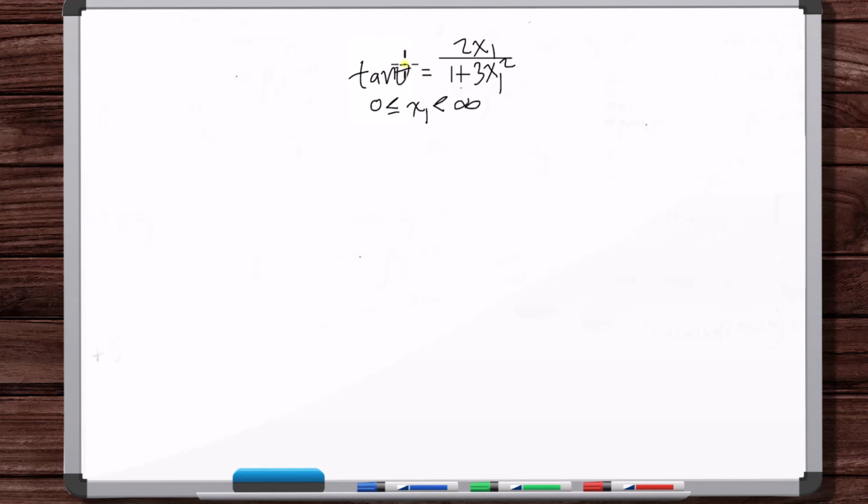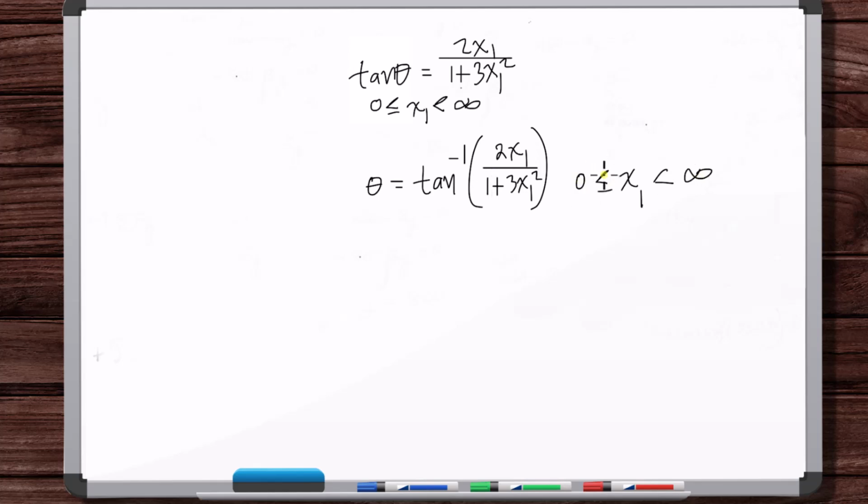Actually, it would probably be better to write theta as the arctangent of 2x1 over 1 plus 3x1 squared. Arctangent is a function, and the argument is also a function, so this is a function. Let's find the absolute maximum value of theta over this interval.